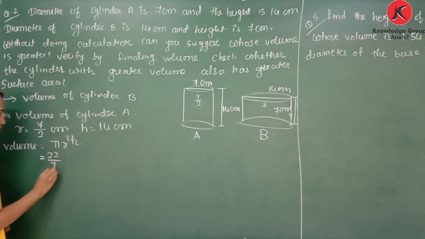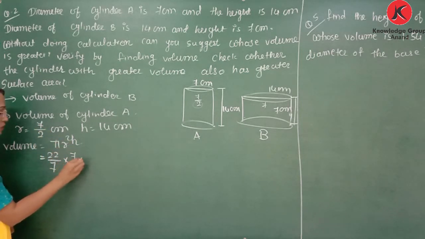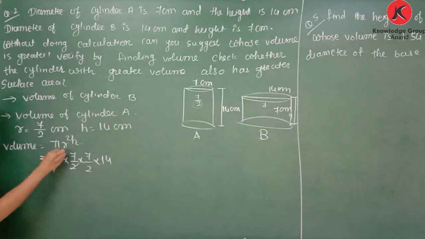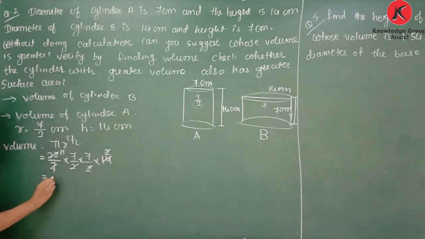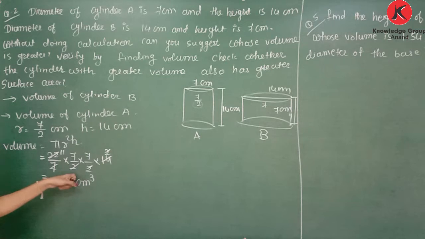Pi is 22 by 7. Radius is 7 by 2 square, means 7 by 2 multiplied 2 times. Height is 14. So it is 539 centimeter cube. If you multiply this, 77 multiplied with 7, it is 539 centimeter cube.